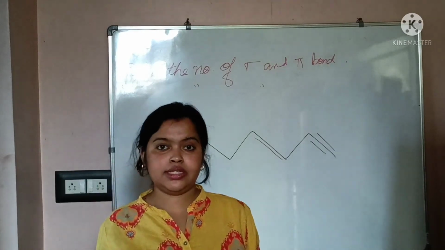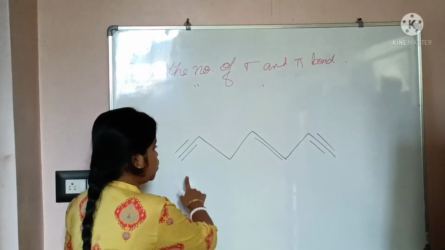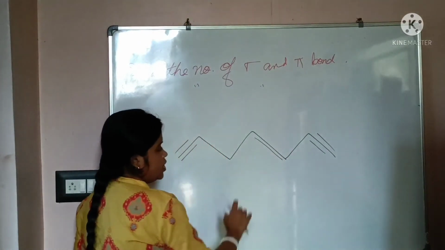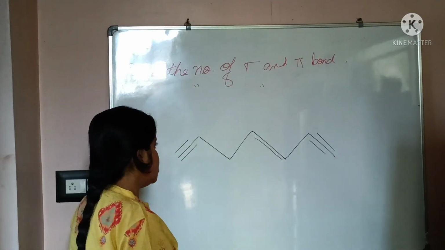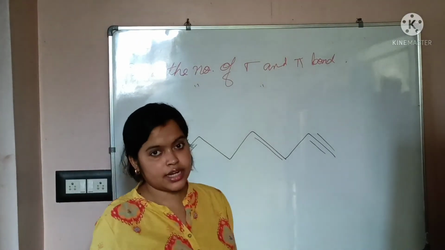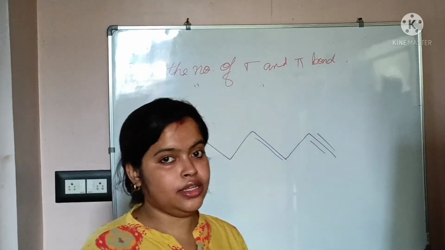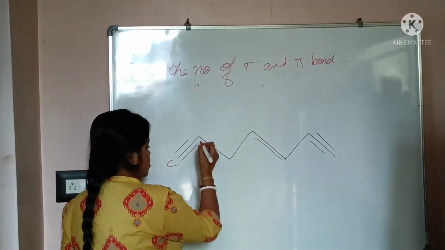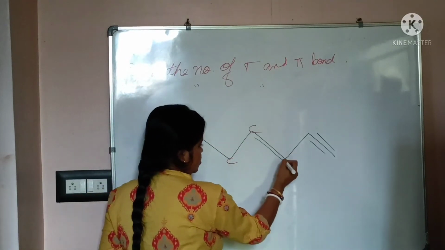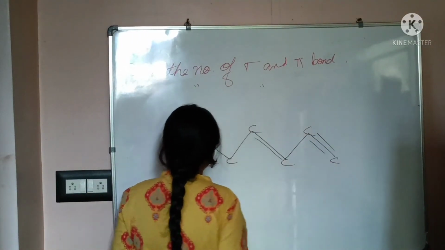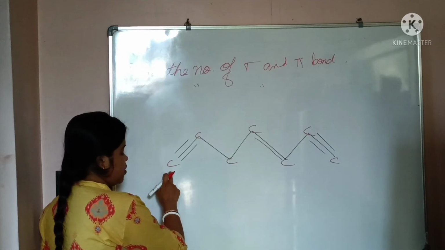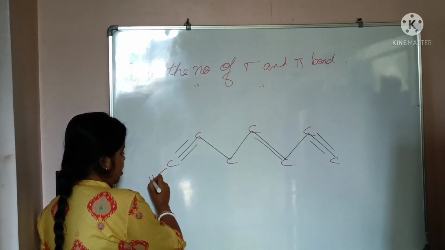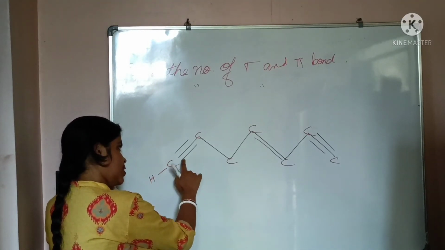In this you can see there are 2 triple bonds and 1 double bond. Okay. So similarly, first we will write all the carbons and we will arrange all the hydrogens with them. So this is the carbon. So tell me how many hydrogens should be present here? Only 1. Why? Because already it has 3 bonds.